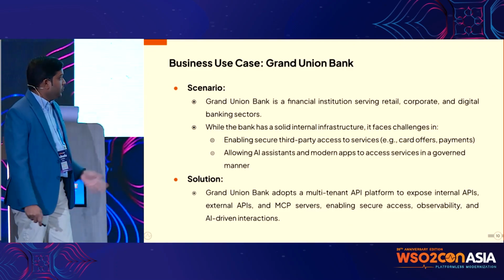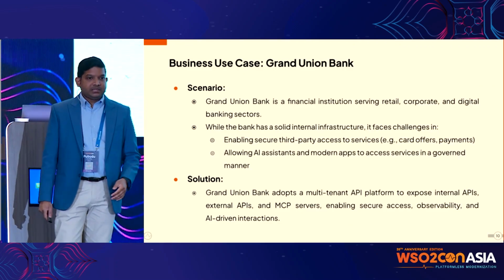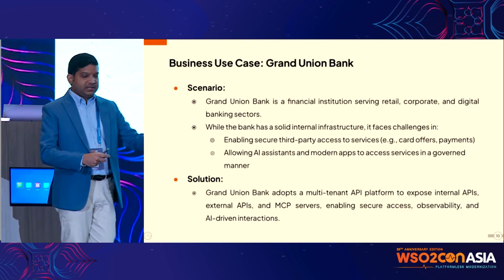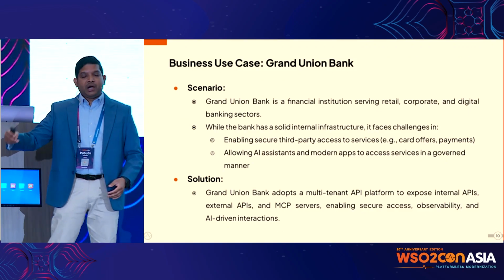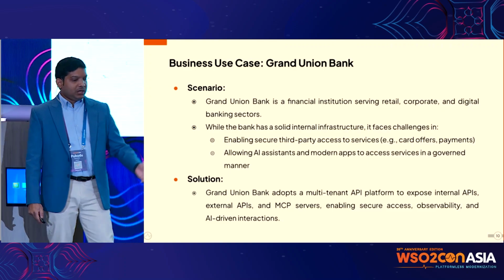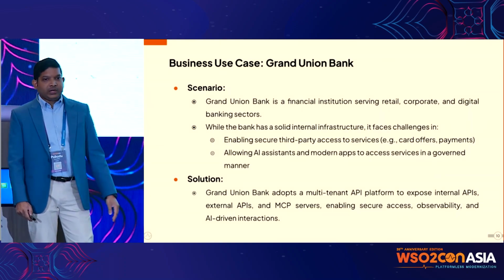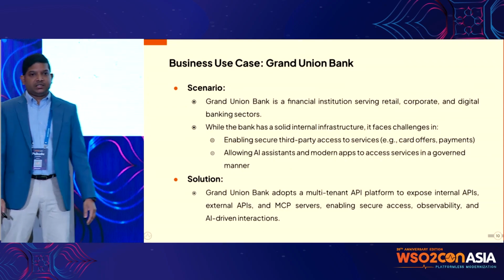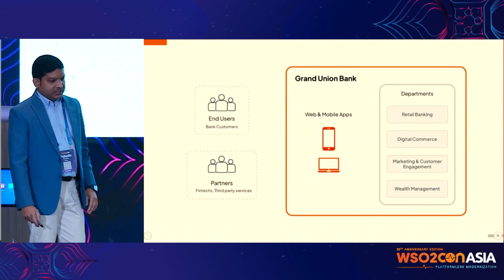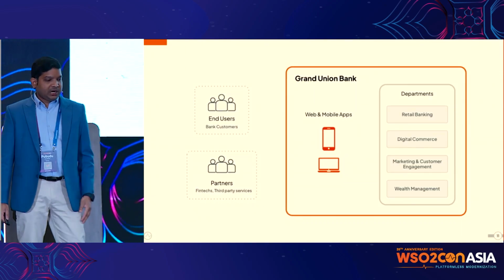So as a solution, Grand Union Bank basically wants to adopt the multi-tenancy architecture for the departments they have. So I'll go through that, and then also they want to look at utilizing MCP servers in AI agent integrations. So this is the high-level idea. So there are departments, right?